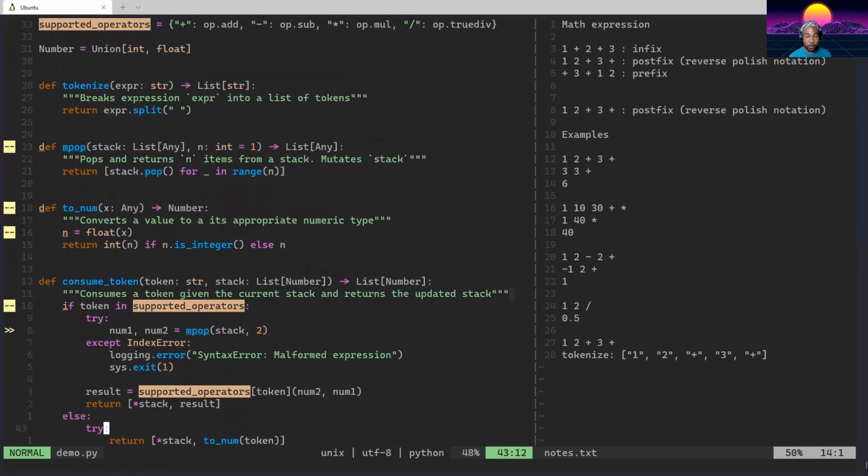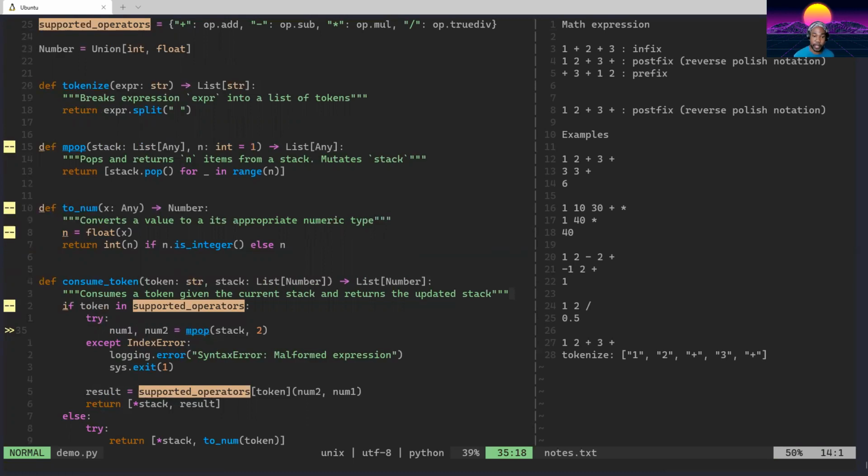So what do we do? We have this token, and we want to know, well, if the token is in the supported operators, then we want to take the last two items off the stack, because these operators are binary operators, right? They need two things in order to work.